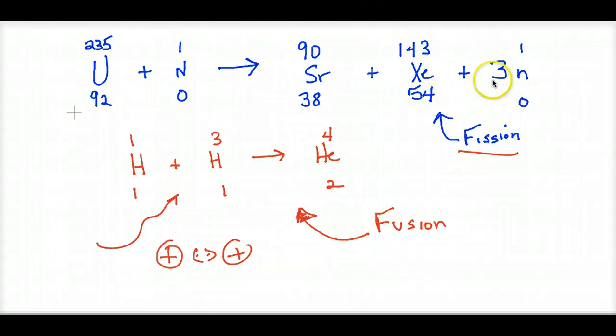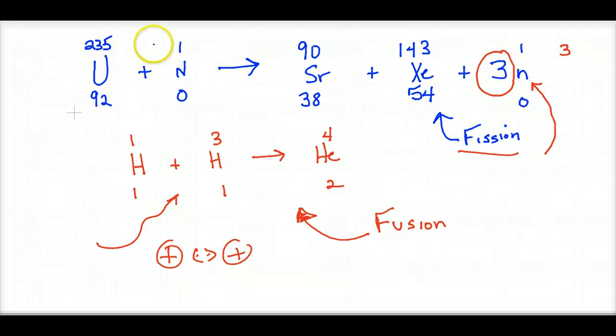Interesting to note, notice the 3 here. I've watched some students get this wrong when they're trying to find out what this particle is, and they'll go 90 plus 143, and they don't figure out what this is. This number 3 in front means you have 3 neutrons, so you have to do 3 times 1, so this is really a total number. So you're trying to figure out what this compound is, and you have 3, 1, and 0. You realize the atomic mass is 3 here.